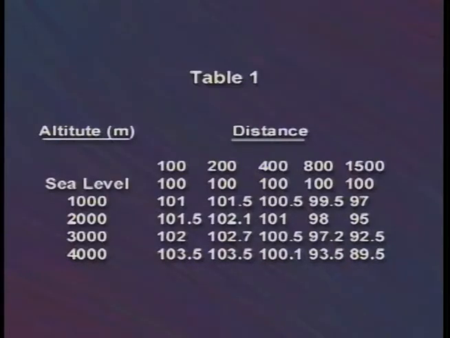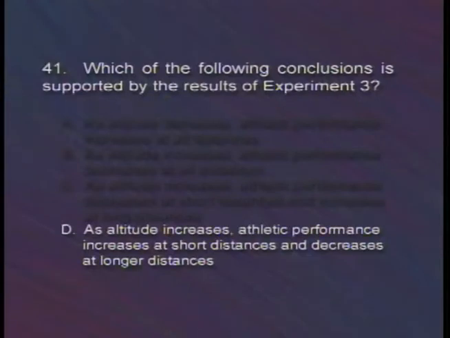At 400 meters, however, the percents increase and then decrease. At distances of 800 and 1,500 meters, the percents strictly decrease. It seems that option D is the best choice. As altitude increases, athletic performance increases at shorter distances and decreases at longer distances. The correct answer is D.